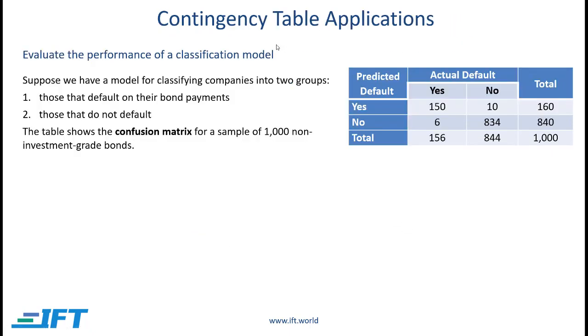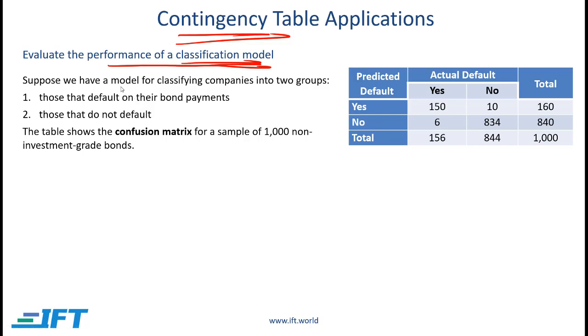Now let's talk about two important applications of a contingency table. The first application that we need to know is that a contingency table can be used to evaluate the performance of a classification model. So what is a classification model? Let's understand this through a simple example.